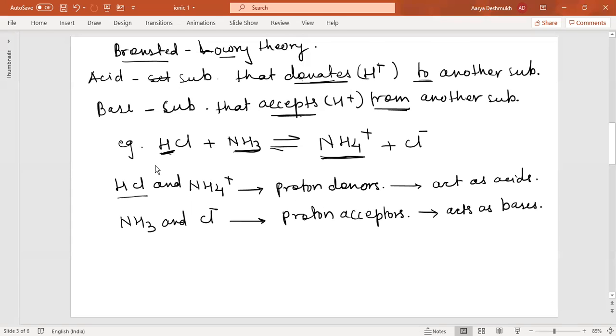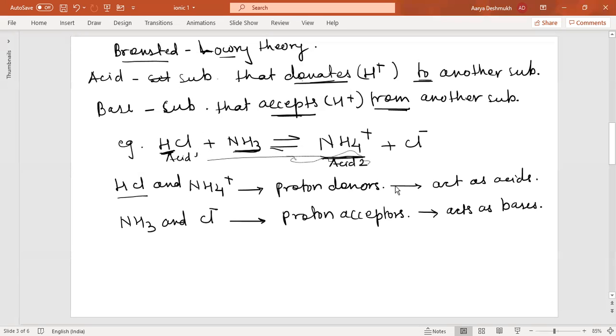Okay. Now if you look at HCl and NH4 plus, these two are the proton donors. They can act as an acid. So you can write here acid 1 and this is your acid 2.